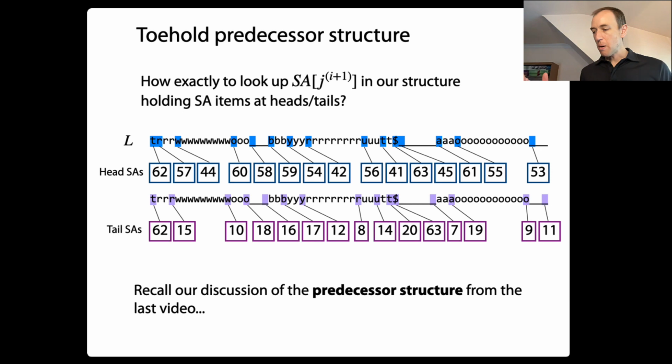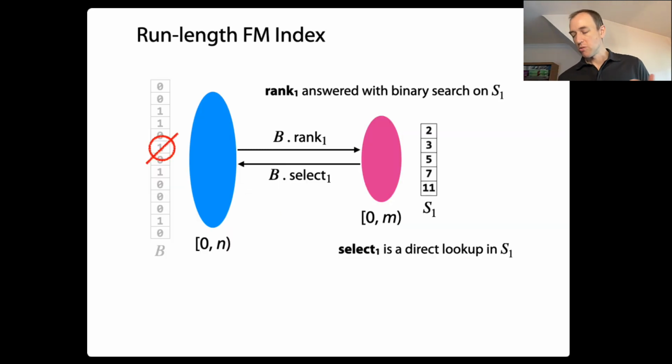Okay, so remember our discussion of the predecessor structure. We used this in the previous video to accomplish part of our run length count query backward search procedure. We reviewed that if the bit vector that marks the run heads is sparse, then there are ways that we can represent and query it that keep the space requirement to big O of R and don't use a whole lot of time.